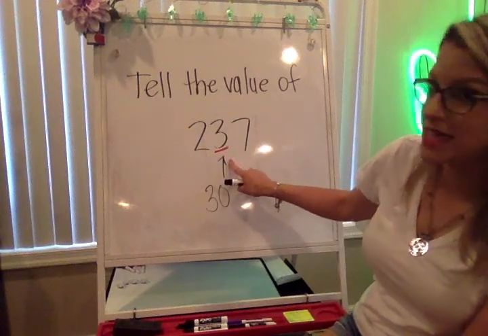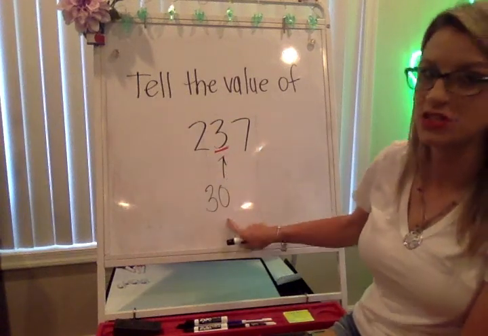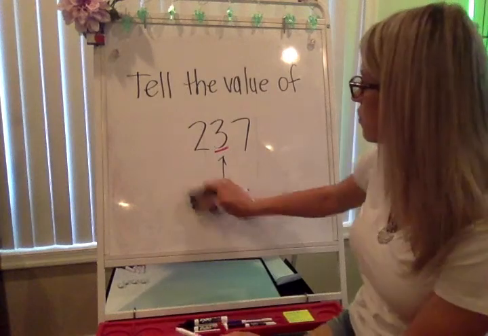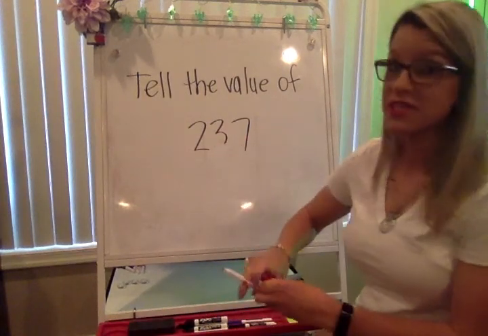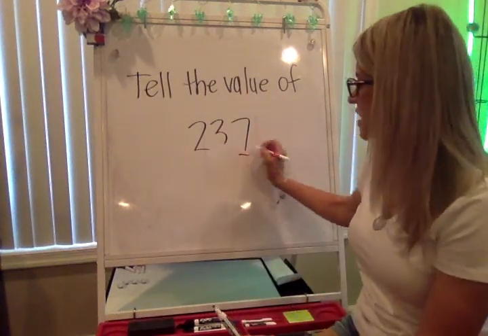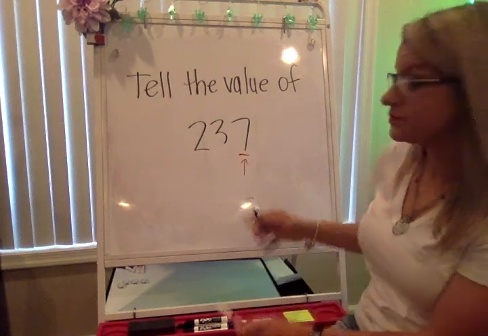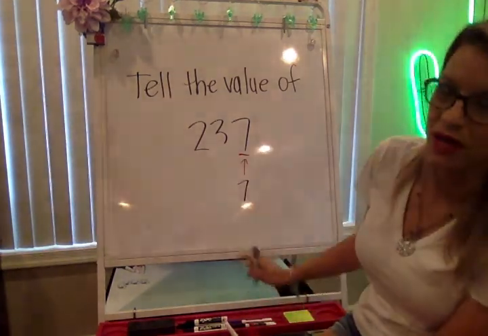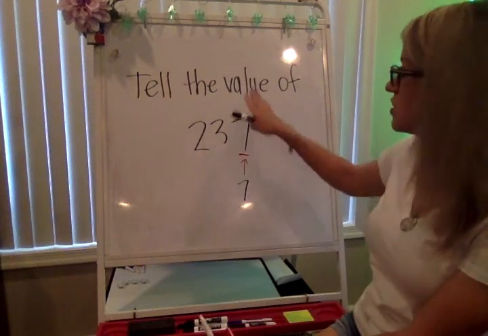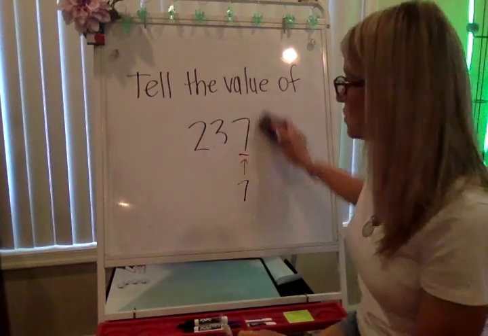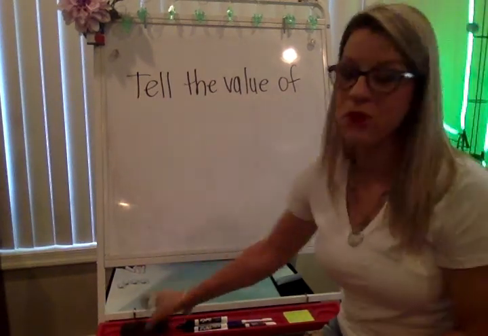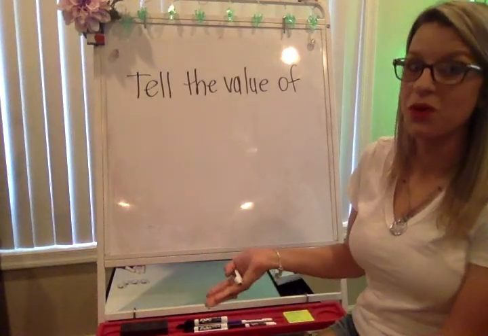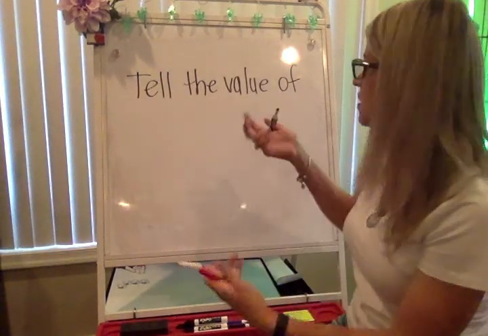It's worth 3 tens. The value of 3 tens is 30. If I was told tell the value of the 7 in this number, this 7 has a value of 7 ones because it's in the ones place. So tell the value of just means, hey, where's this number located, and do you know what the significance of that number is?